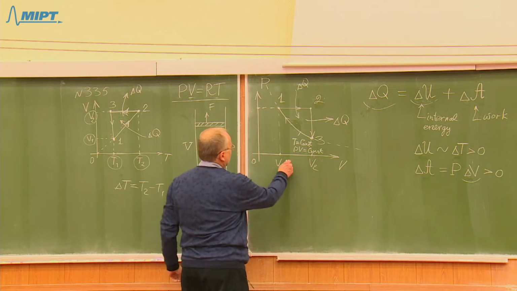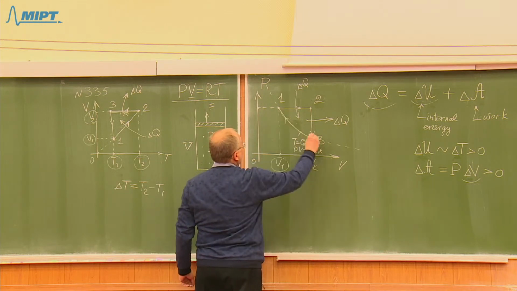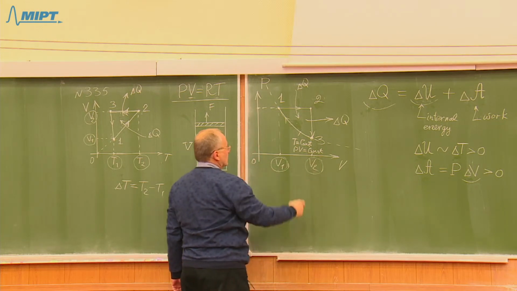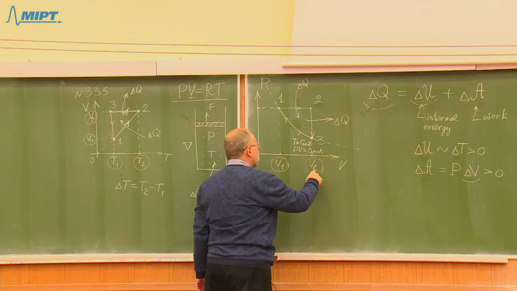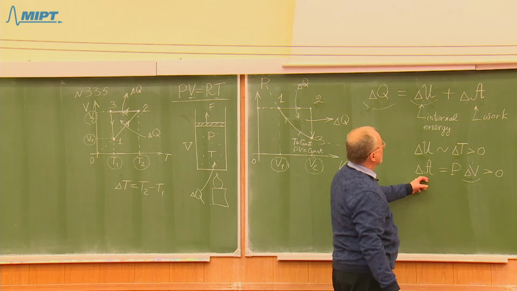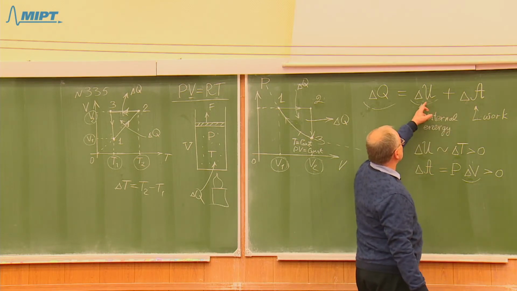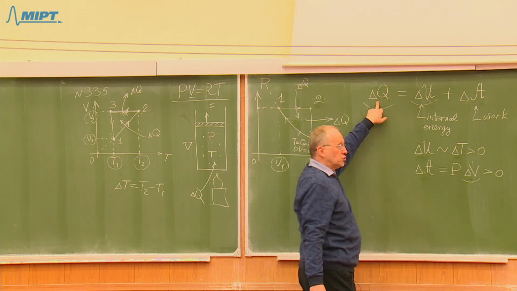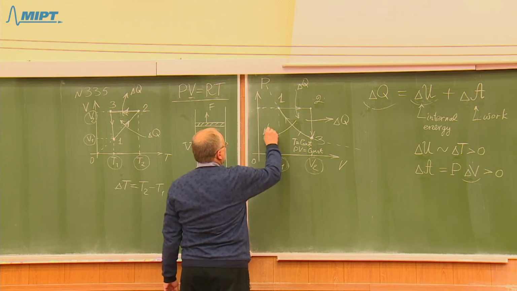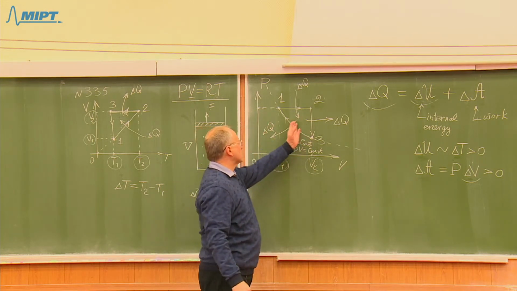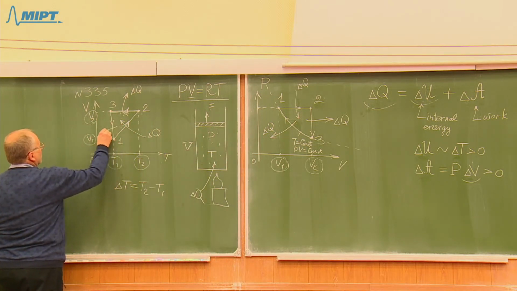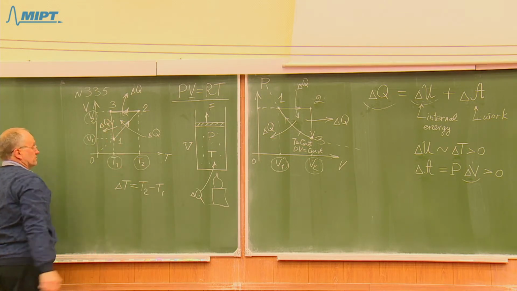Final volume is small, and initial volume was large, so V1 minus V2 will be negative, and therefore the work performed by the gas will be negative. And as the first term is 0, delta Q is negative. It means that the gas releases some heat energy to the outside bodies during process 3-1.